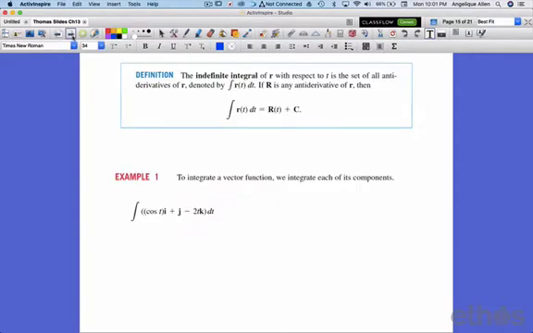So we're going to talk about indefinite integrals and how you deal with the plus c part in the formula for an indefinite integral. You're stuck with the plus c in your answer unless you've been given an initial value, which turns it into an initial value problem. The i, j, and k parts are not variables.